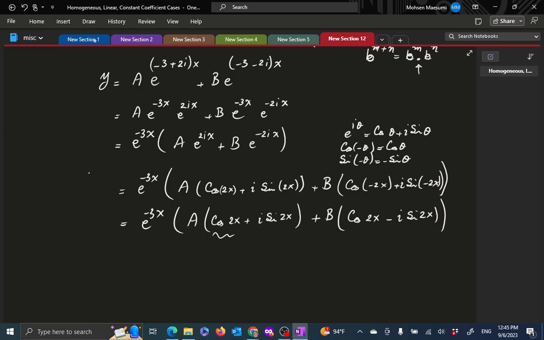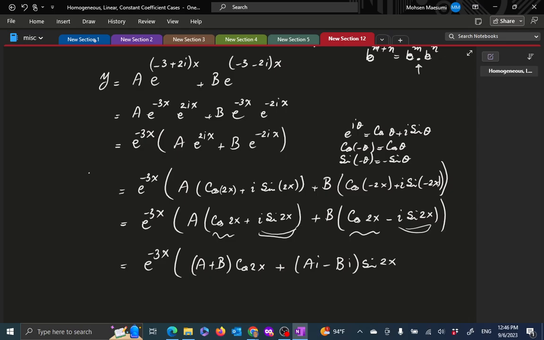Well, now I collect my cosines and collect my sines. Exponential of minus 3x times a and b together are the coefficient of cosine of 2x. And from the first one I have ai. From the second one I have minus bi sine of 2x.